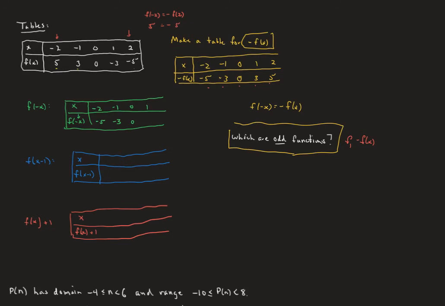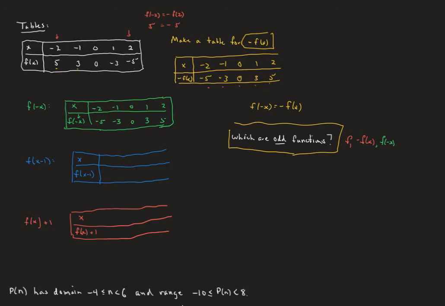And plugging in +1 makes us evaluate f of -1, which is +3. And plugging in +2, we evaluate f of -2, which is 5. And you can see that when you plug in -2, you get the opposite of what you get by plugging in 2. So this also is going to be odd. So f of -x is added to our list of odd functions.